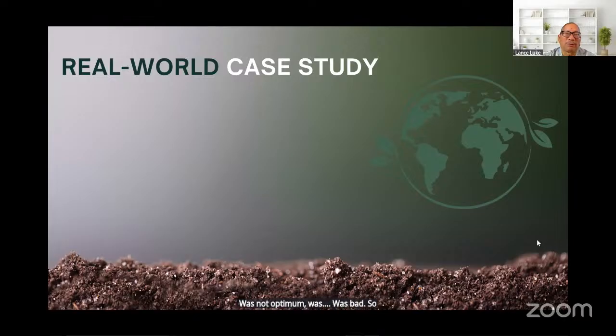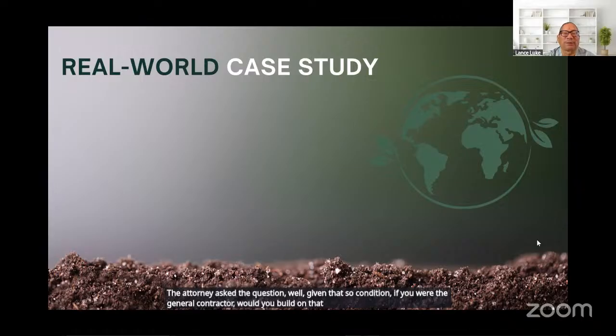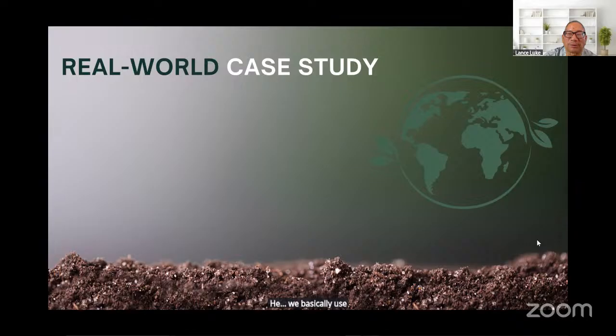So the attorney asked the question, well, given that soil condition, if you were the general contractor, would you build on that soil? And his answer was no. So we basically used a subcontractor to kind of testify against the general contractor. But anyway, those are situations where you need to be very careful about the soil conditions.